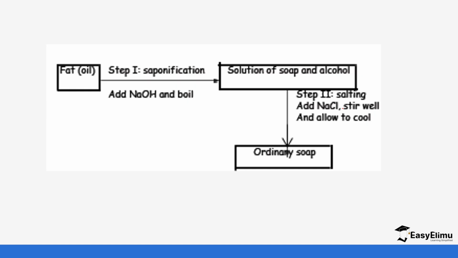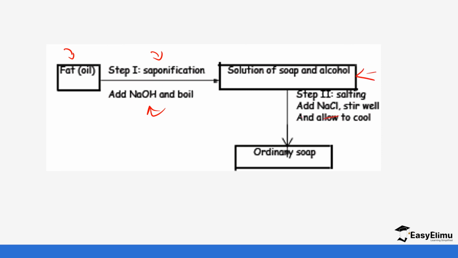So if we look at the overview of preparation of the soap, we said that the fat or oil, which is an ester, undergoes saponification, where it reacts with either sodium hydroxide or potassium hydroxide, and it is boiled, and then after that sodium chloride is added to salt out the soap.